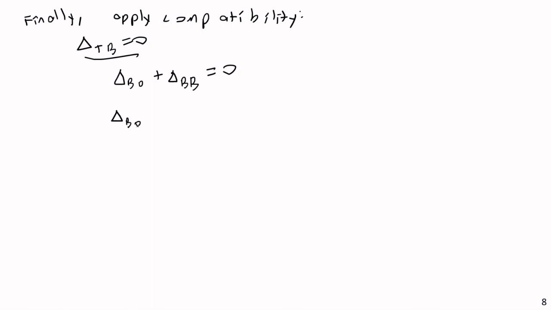Or, more useful, delta at B from the primary system loads, the real loads, plus delta BB, the deflection at B caused by a unit load at B, times By is equal to 0. This and this can be solved for directly.